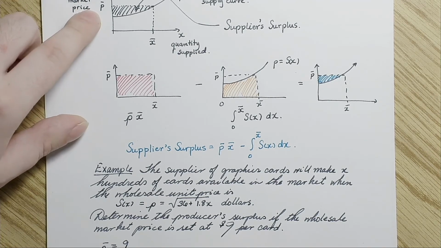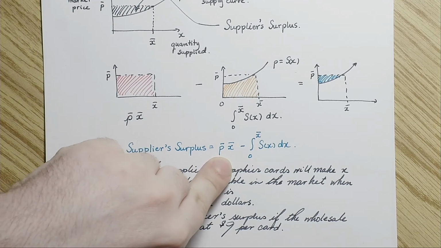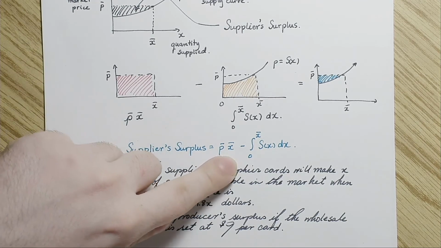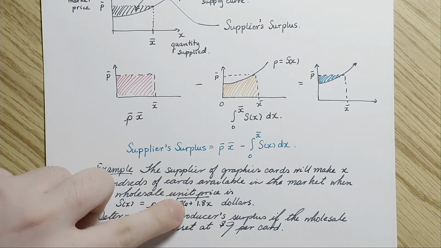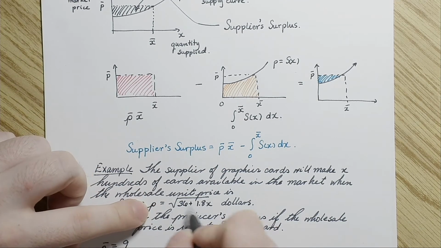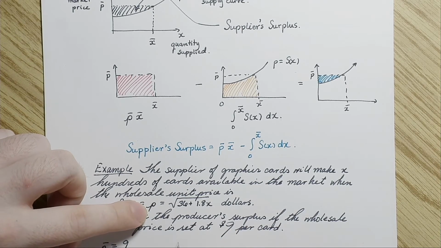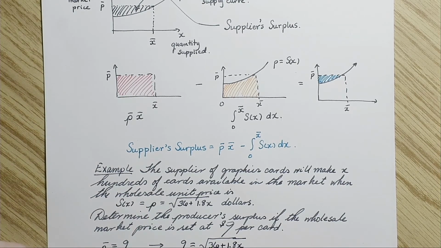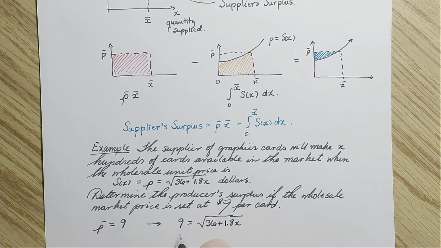Then the next thing that we need to figure out in our formula is what x bar is. And to figure out what x bar is, I need to solve for x in this case. So I know what P is, so I have 9 equals the square root of 36 plus 1.8x. Then I'm going to square both sides so that 9 squared becomes 81, and the square root disappears, so I'm left with 36 plus 1.8x.